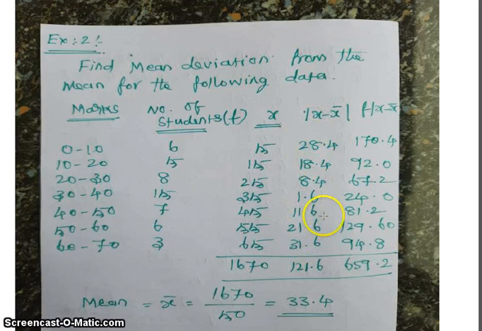Then f into the absolute value of x minus x bar. So f, this value, is multiplied by this x minus x bar value. So multiply 6 into 28.4, 170.4. 5 into 18.4, 92. 8 into 8.4, 60. Like that you have to calculate frequency into x minus x bar. You will get this.